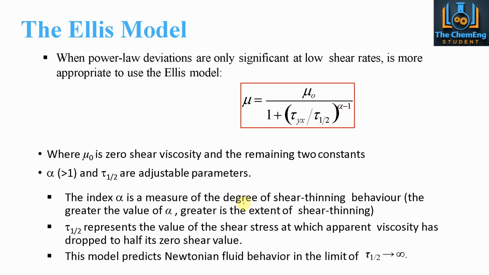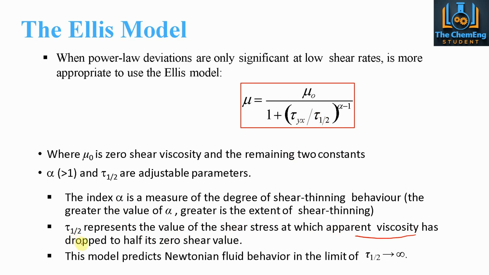Tau a half represents the value of the shear stress at which the apparent viscosity has dropped to half its zero shear value. So when we know what the apparent viscosity is with its respective shear stress, if we halve the shear stress, that would give us tau a half.